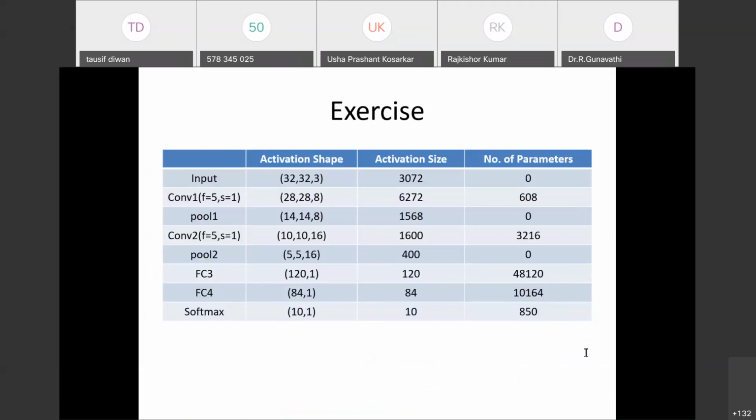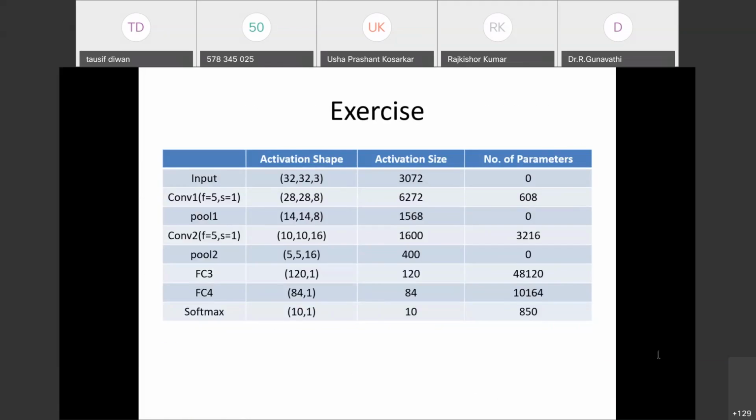Another question is how pooling and convolution are different from the physical significance point of view. So convolution is feature extraction and pooling is extraction of dominating features. Do not confuse between these. Convolution is extraction of features, pooling is extraction of dominating features.